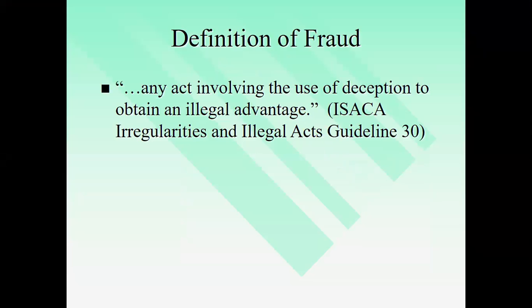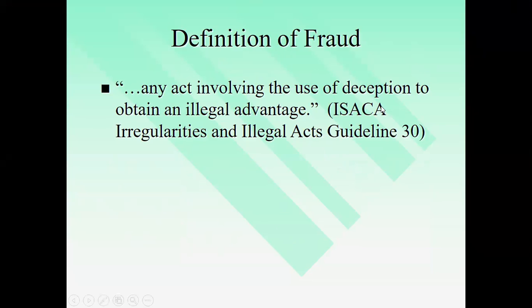What is fraud? Fraud is defined under ISACA Guidance 30 about irregularities and illegal acts as any act involving the use of deception to obtain an illegal advantage. I like this definition because it emphasizes that it is an act, an action involving the use of deception.